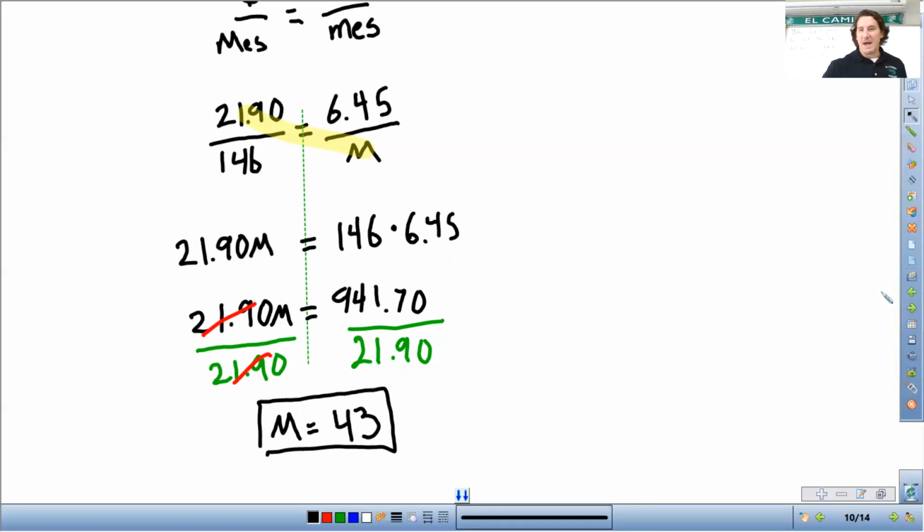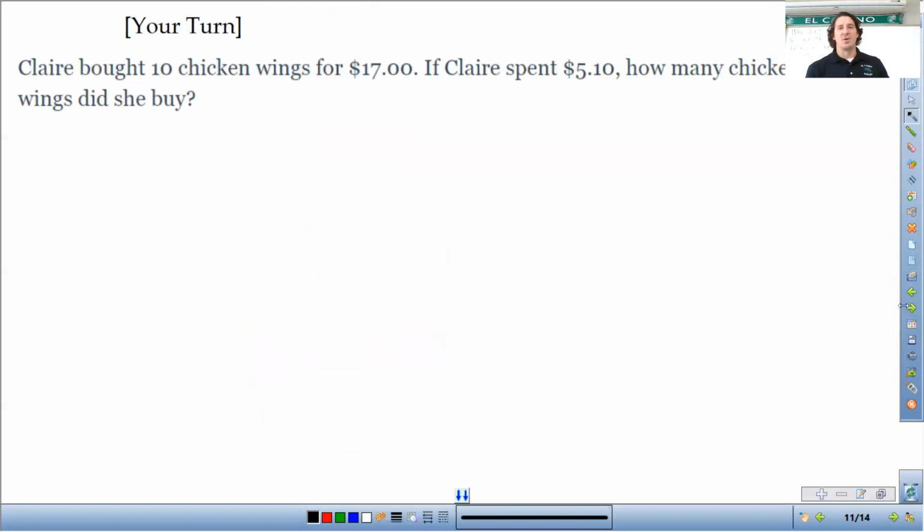All right, last problem. Why don't you guys give this one a try on your own, and then check your answer when you're done. I'll go ahead and start working through it. So Claire bought 10 chicken wings for $17. Claire spent $5.10. How many chicken wings did she buy? I'm going to keep this consistent with the money on top, like we've been doing all of them. So money goes on top, and she's buying chicken wings, so W for wings.